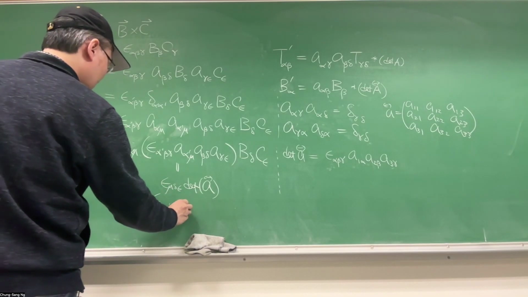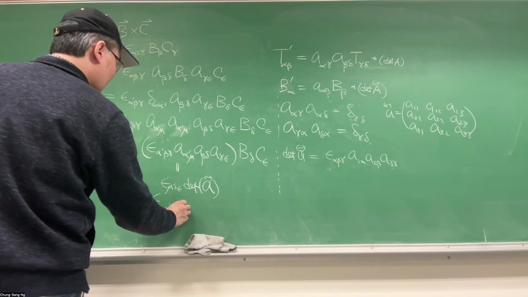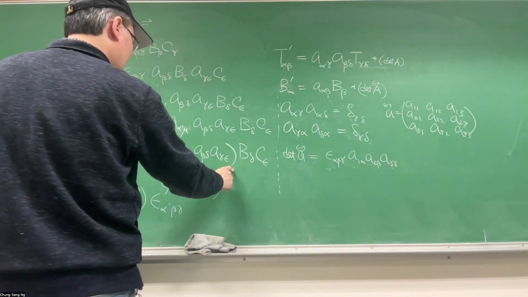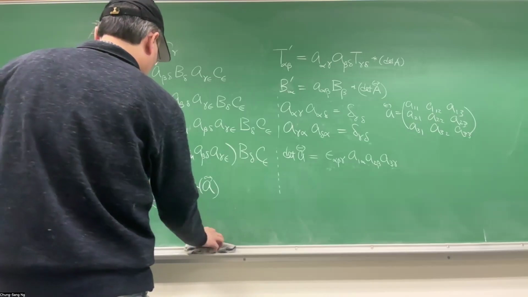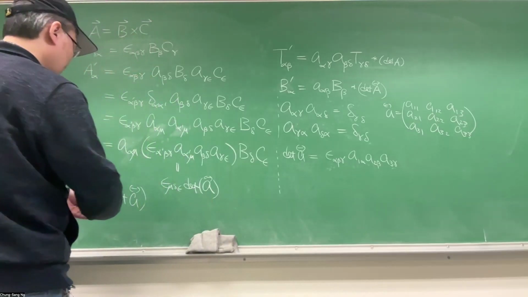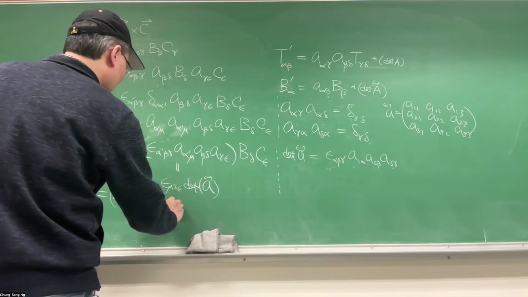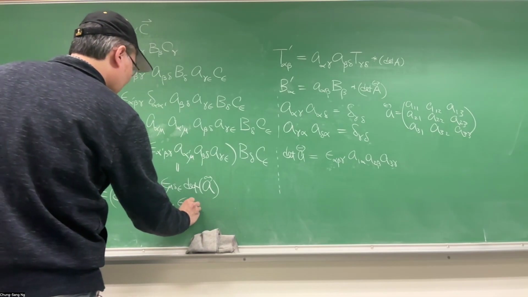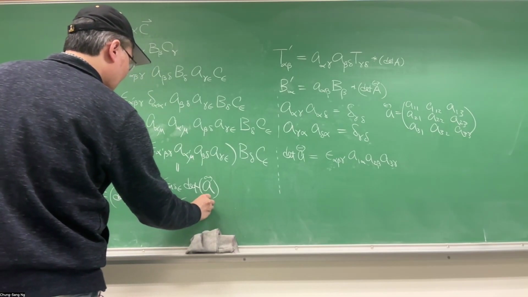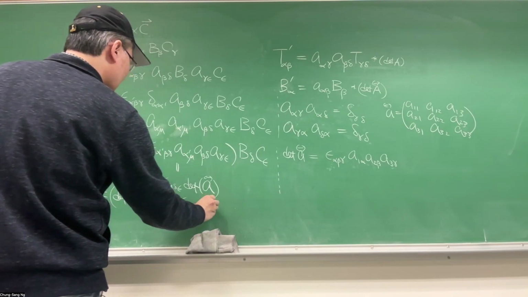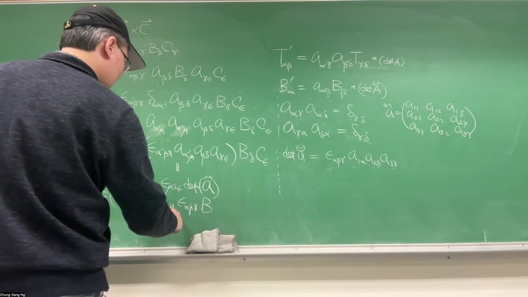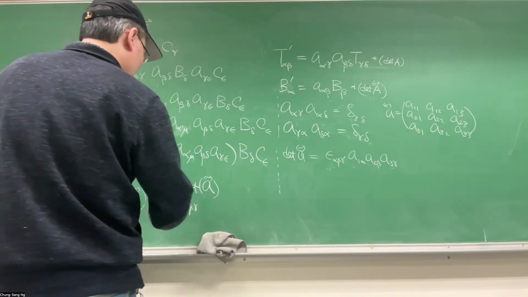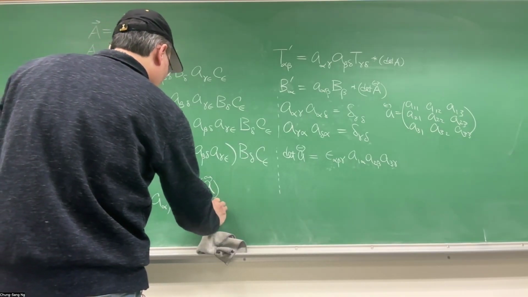Oh, you have an A. Let's write down the A. It's A alpha mu, and you have an epsilon alpha prime beta gamma, and B, and you have another epsilon, this epsilon mu delta epsilon.